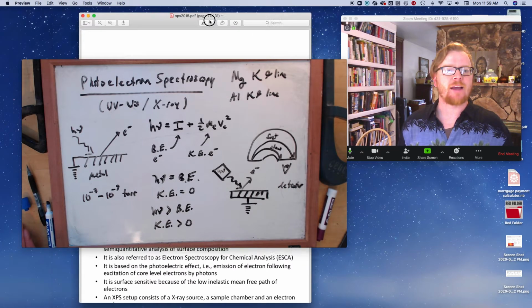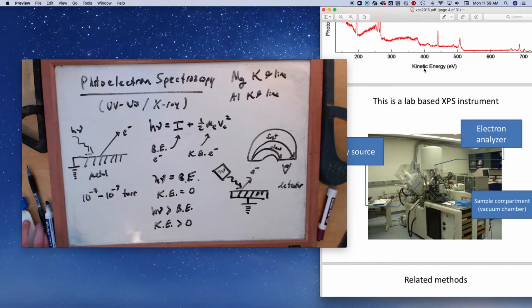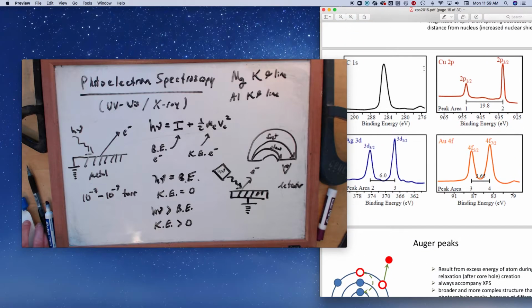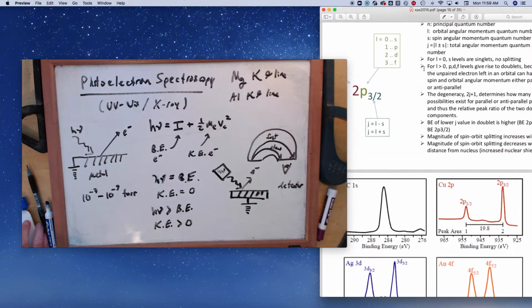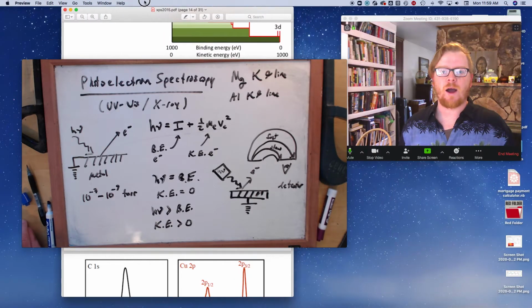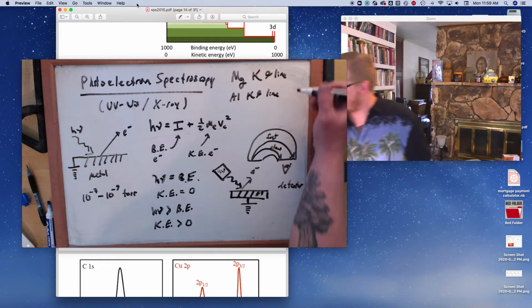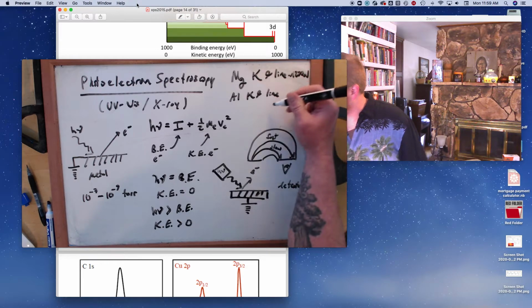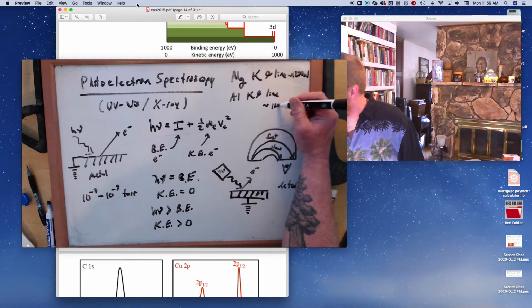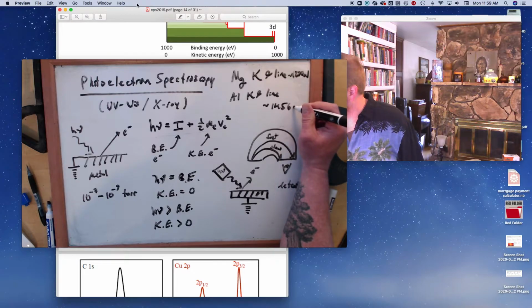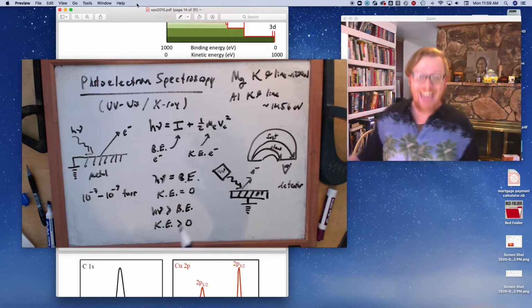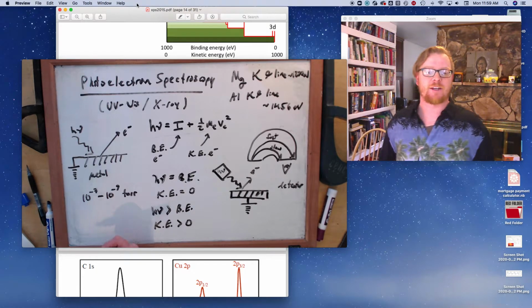Oh wait, I think I have it over here. Well, it's something like, I'm just going to guess, 1200 electron volts for magnesium, and the aluminum K alpha is something like 1456 electron volts. So that's a really high energy. That's an X-ray, right? 1456 electron volts.